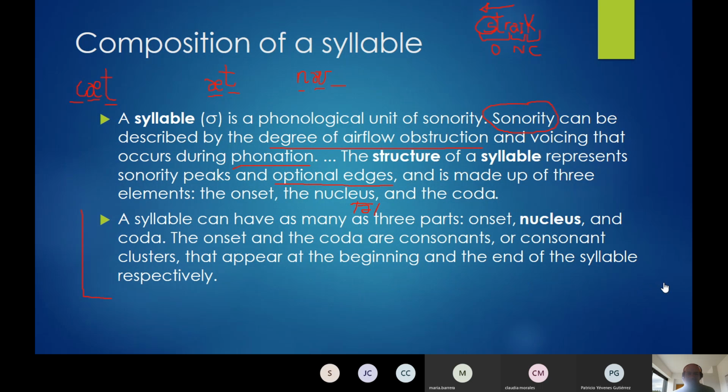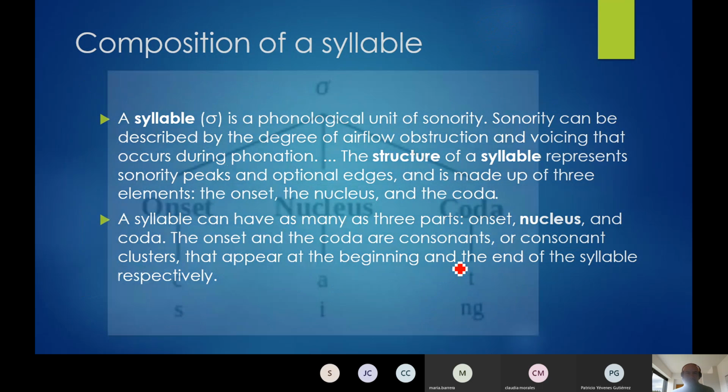And it only adds that we may be talking about consonants or consonant clusters, right? A syllable can have as many as 3 parts: onset, nucleus, and coda. So far, it's basically the same as mentioned before. The onset and the coda are consonants or consonant clusters, that is, a group of consonants that appear at the beginning and at the end of the syllable, respectively.